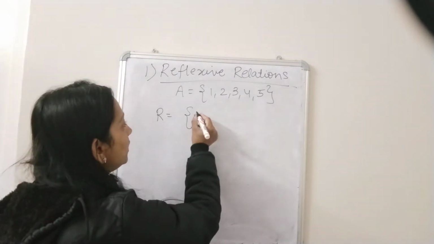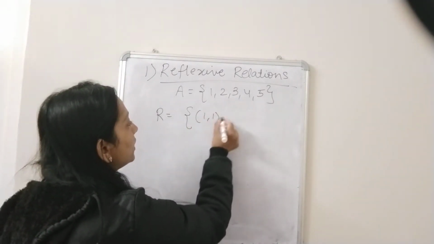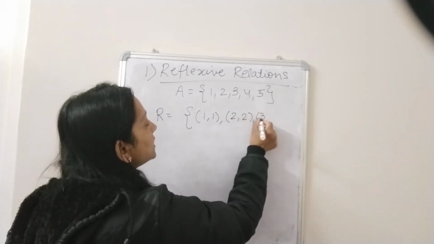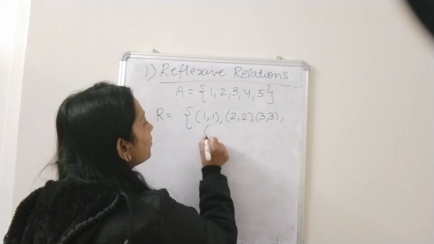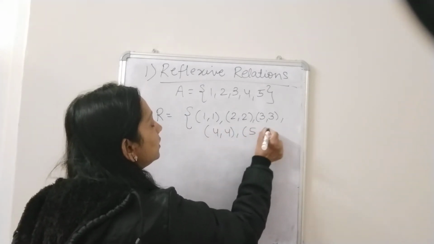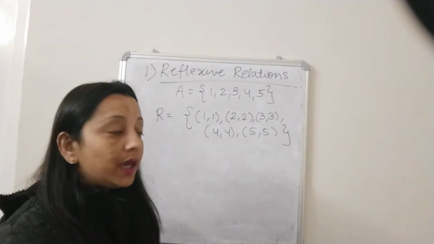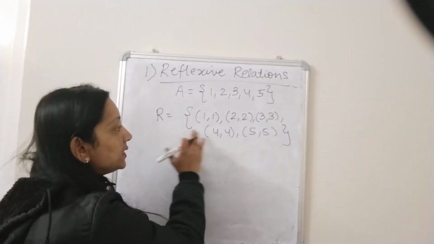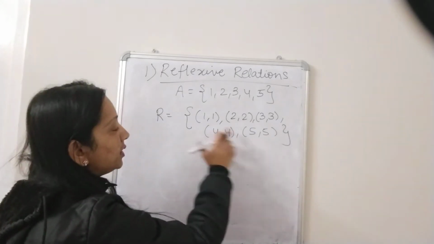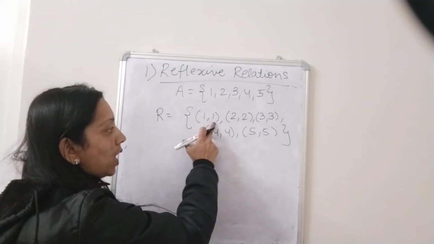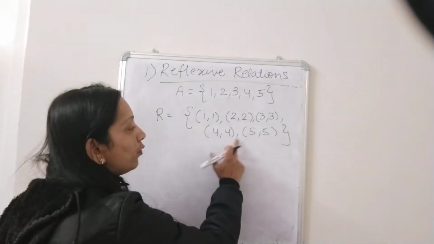This relation will be reflexive if the ordered pairs contain all the elements of set A in this form, that is, the ordered pair consists of the same elements: 1, 1, 2, 2, 3, 3, 4, 4, 5, 5.